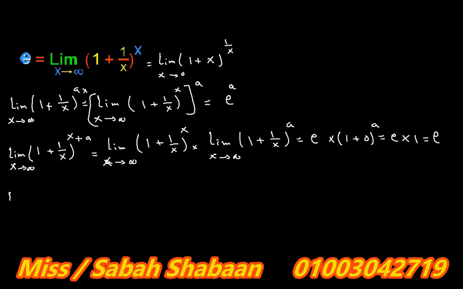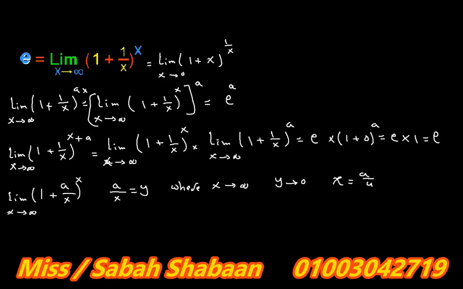And if we wanted to find the limit of (1 + a/x)^x as x tends to infinity, to find this limit we put a/x equal y. As x tends to infinity, y tends to 0, and x equals a/y.